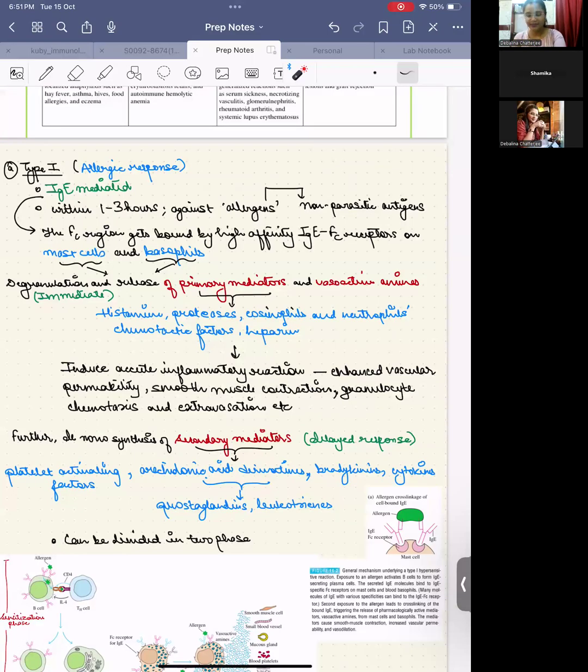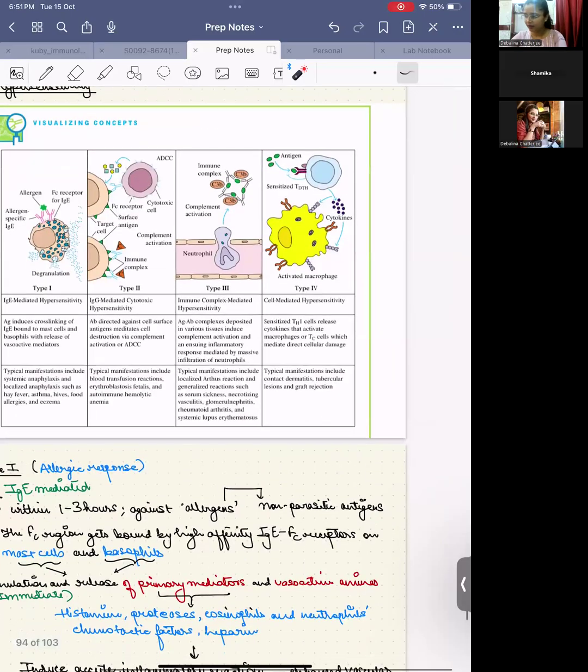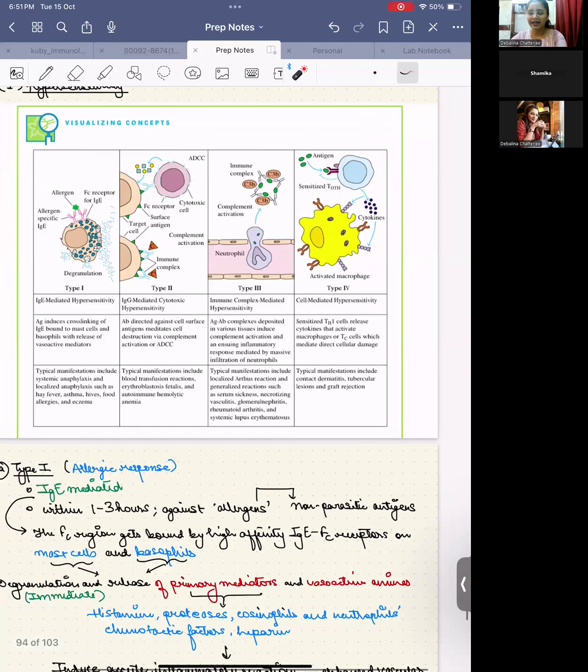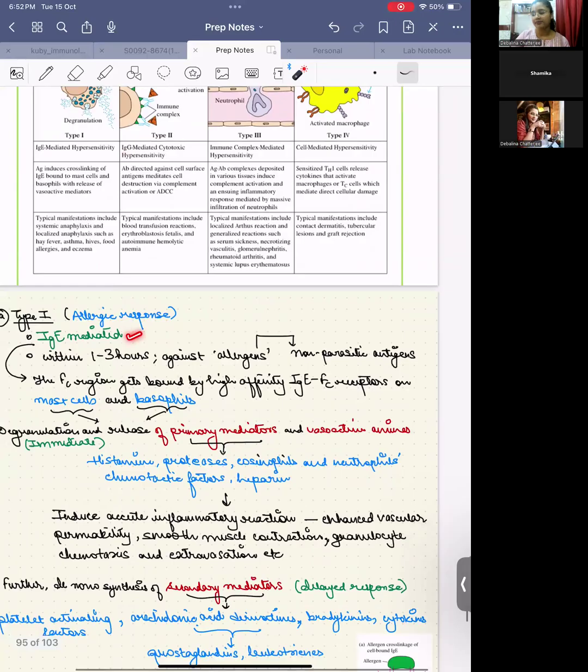Apart from type 4, all of the other types of hypersensitivity have an antibody layer that participates in mounting the hypersensitivity response. In type 1, the antibody subtype responsible is IgE mediated.